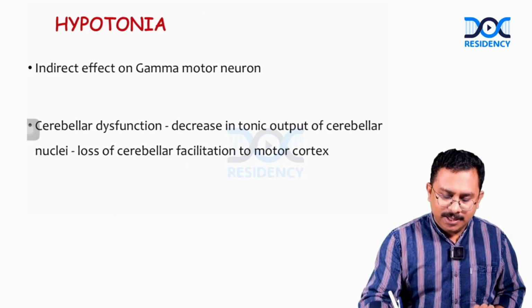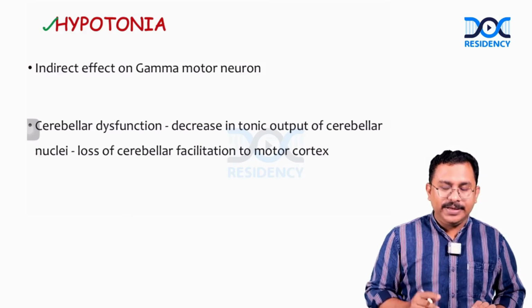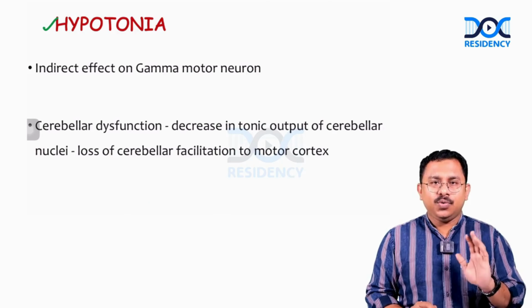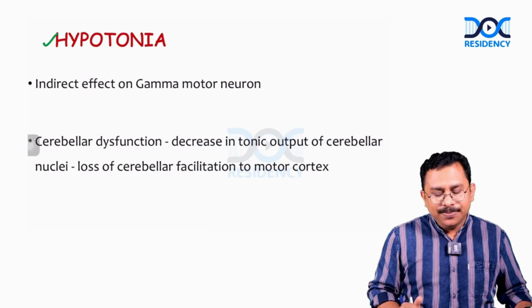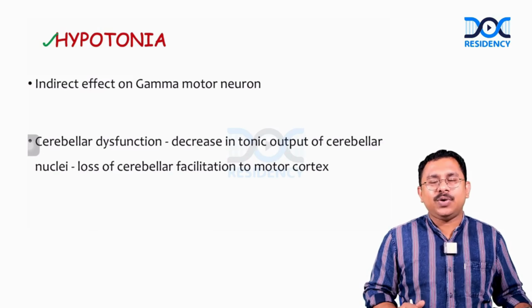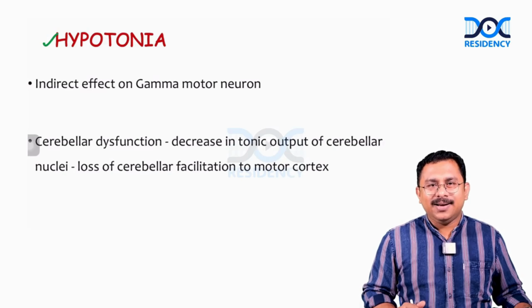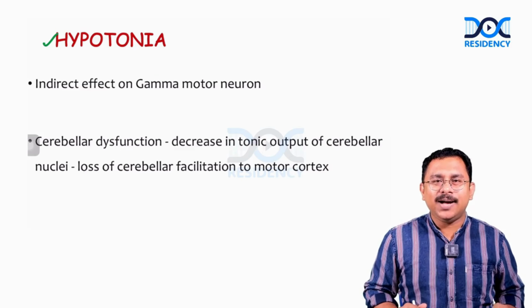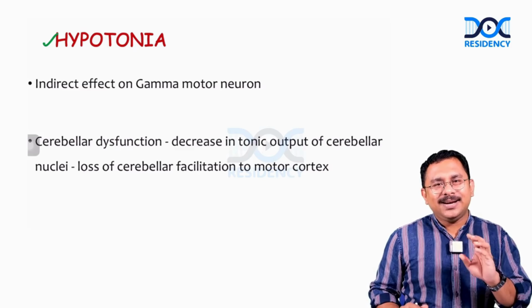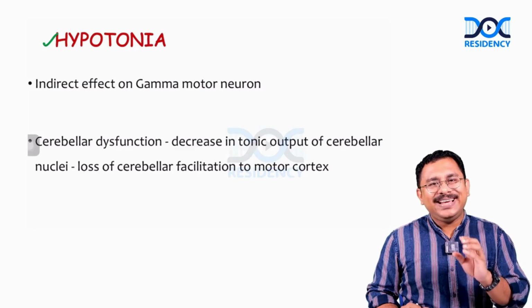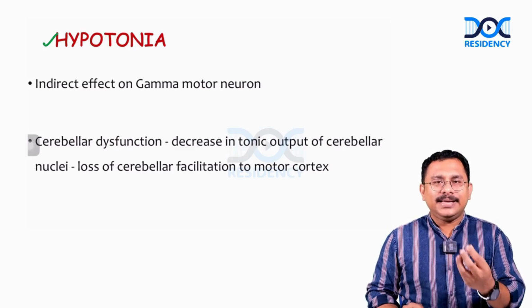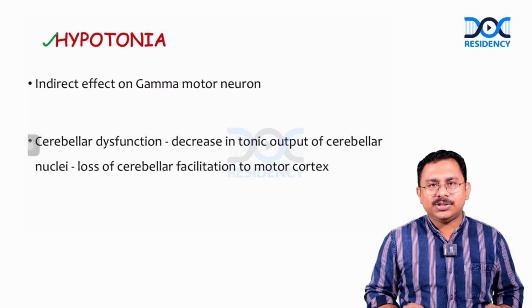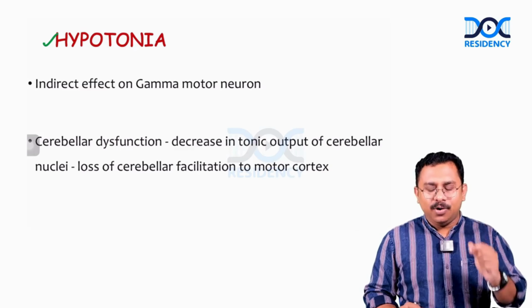Next, coming to the next clinical feature. It is called hypotonia. What is the reason for hypotonia in case of cerebellar dysfunction? This is due to an indirect effect on the gamma motor neuron. You must understand that there is no direct connection between cerebellum and lower motor neurons. So it is an indirect modulation.